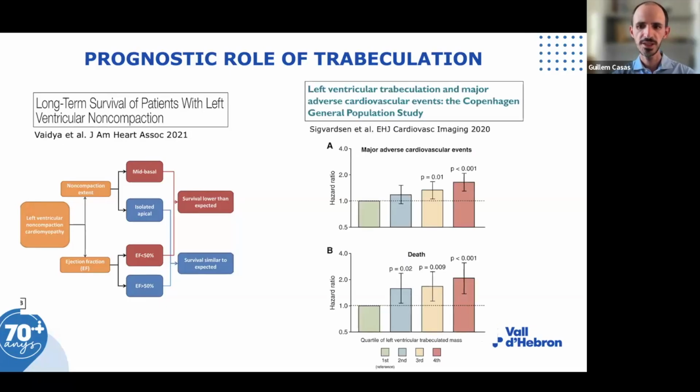Also, in this very large population study where they measured the percentage of trabeculated mass by CT, they found that with increasing degrees of hypertrabeculation, the risk of MACE and death increased progressively.